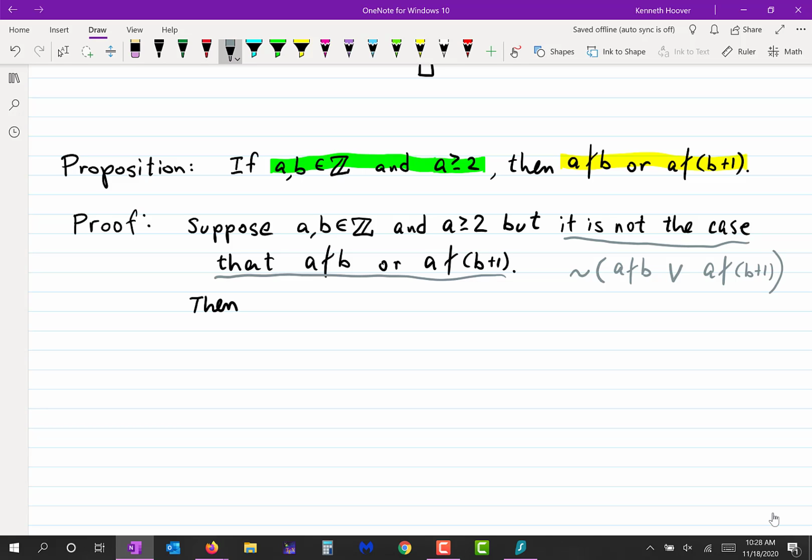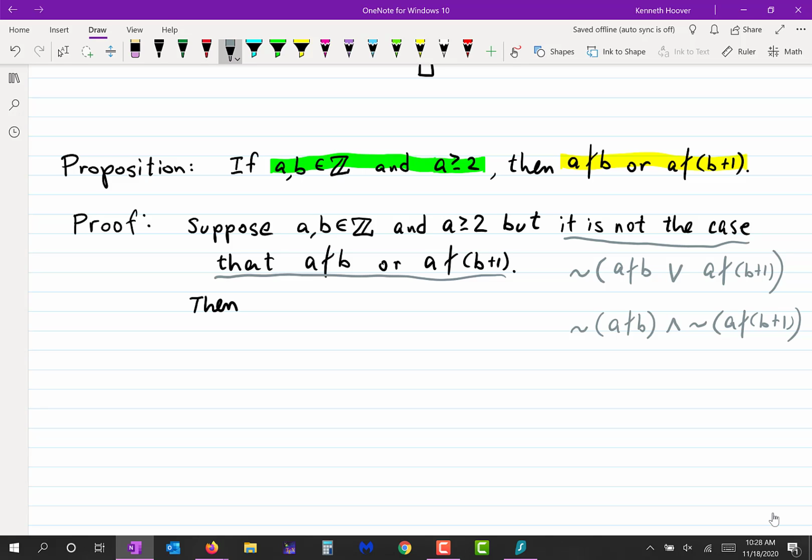That's what we're looking at. Okay, what can I say from that? Doesn't De Morgan's law tell me not a divides b and not a divides b plus 1? Isn't that De Morgan's law?